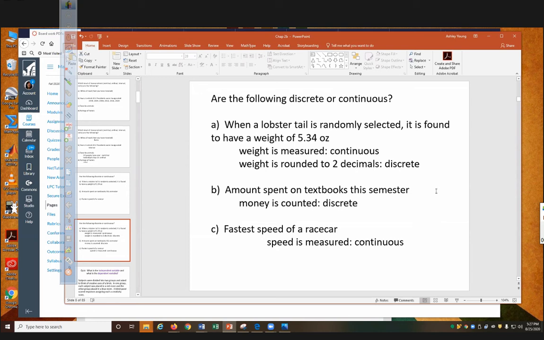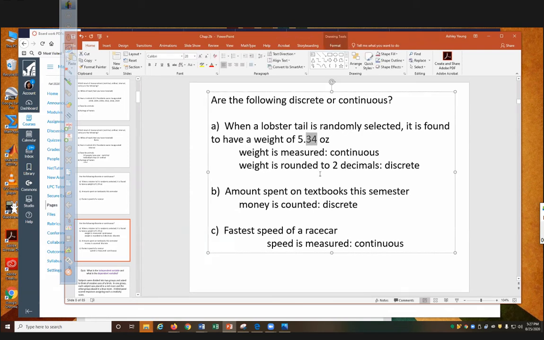However, if you said that weight has been rounded to 2 decimals, do you see how it's rounded to 2 decimals here? If you say you've rounded to 2 decimals, so you've discretized it, then you could say discrete if you said this part here. Does that make sense? You have to say this part in order for this to be accurate.